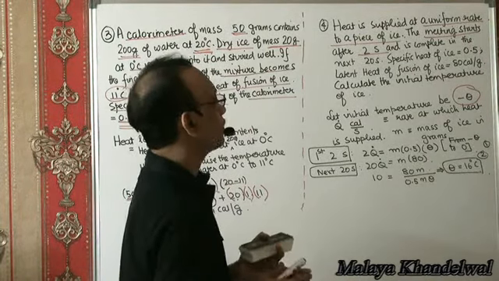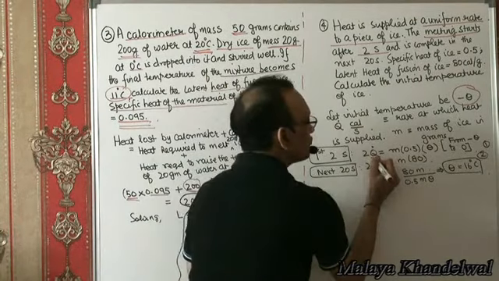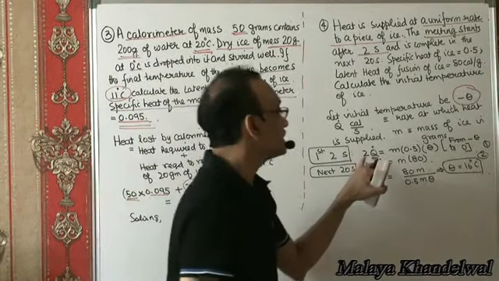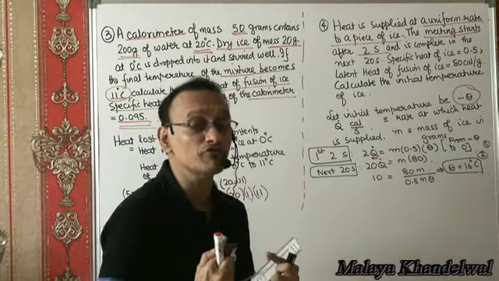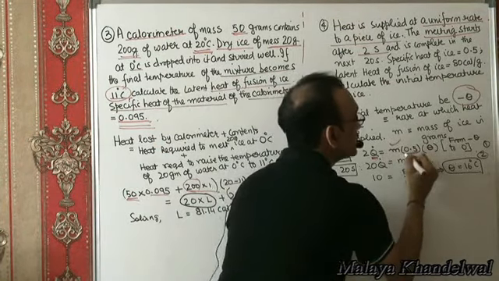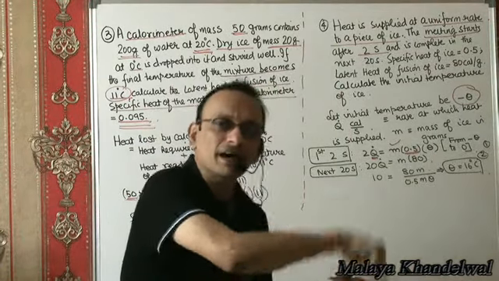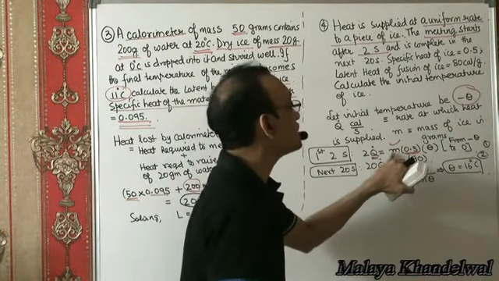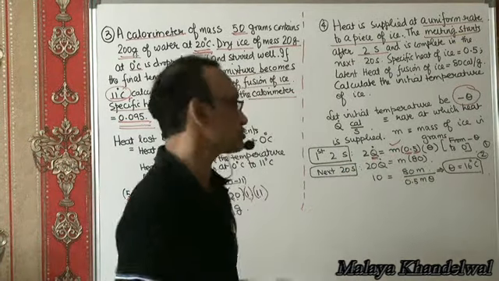So in the first 2 seconds, what happens? At the rate of Q dot calories per second, the heat supplied is 2 Q dot, and that has taken m grams of ice with specific heat 0.5, and an increase of temperature from minus theta to 0, which is an increase of temperature by theta. So 2 Q dot equals mass into specific heat into theta, right?